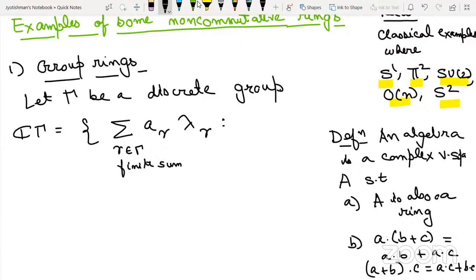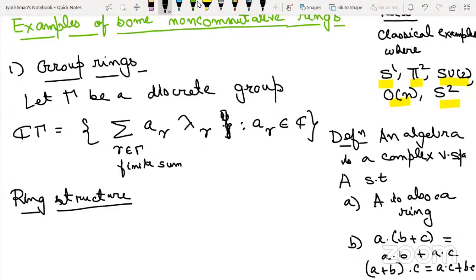So this is a vector space. The basis is given by the symbols lambda_gamma, and the ring structure is actually given by the group law. As you can see, any element is a linear combination of these lambda_gammas, and the a_gammas are just complex numbers.